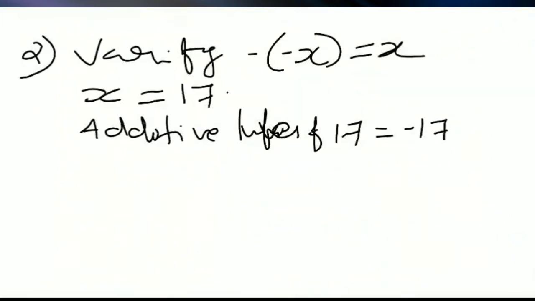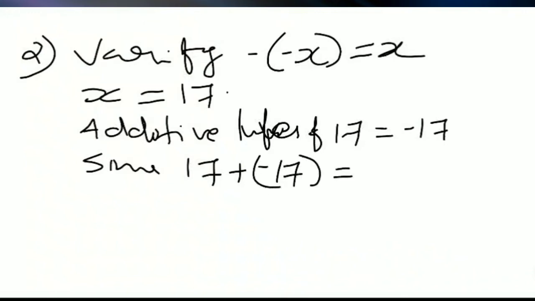Why is it so? Because we know the additive inverse of 17 is −17. The reason is that 17 plus −17 gives the additive identity 0. That's why we say −17 is the additive inverse of 17, and vice versa. If −17 is the additive inverse of 17, then 17 is the additive inverse of −17.